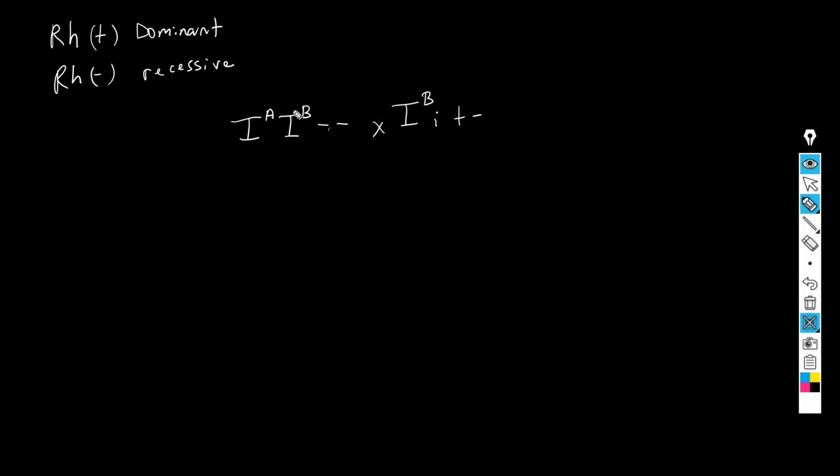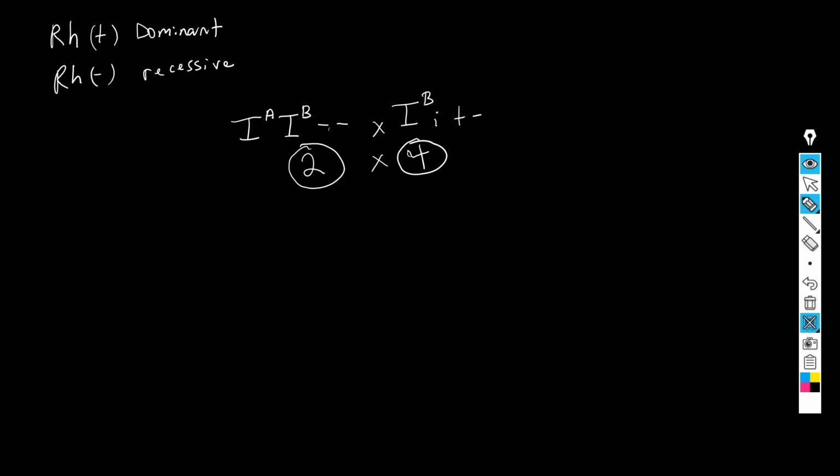Or we can have an IB negative. Again, IB negative or IB negative, those are the same thing as well. So we have two possibilities for this parent. For this parent, we can have an IB positive or an IB negative, or a little i positive, or a little i negative. So we have four possibilities there.